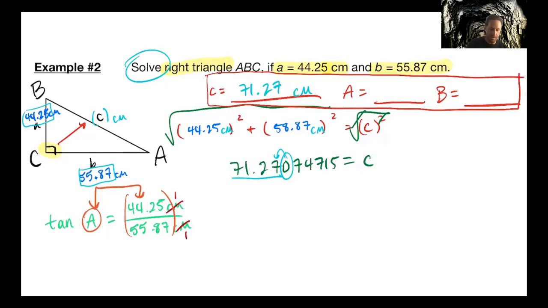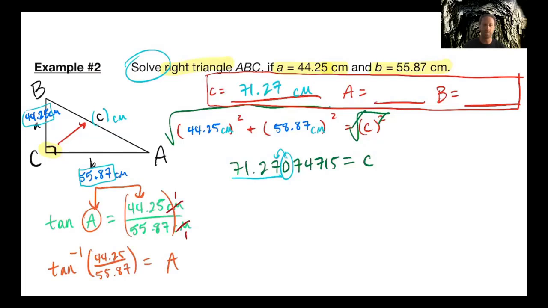And in order to do that, we're going to have to take this tangent function and we're going to put the little -1 to do the reverse. And that will give us this big old nasty number, 44.25 over 55.87 is equal to now my angle A. And that's what I wanted to get by itself.